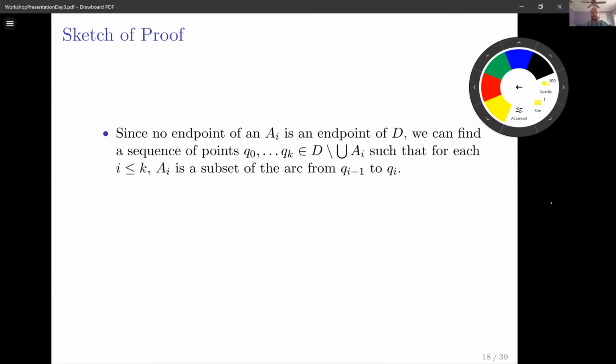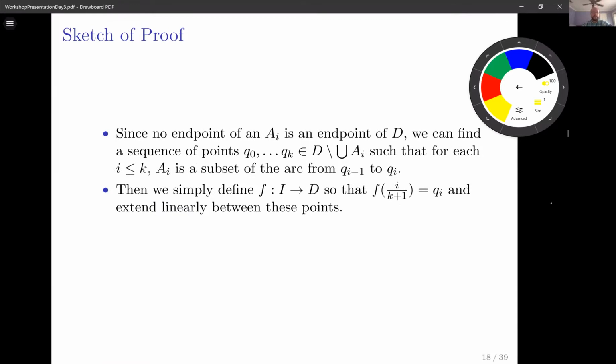Okay? So we can define then F, from the interval to the dendrite, so that F of various points along that interval hit each of these q_i, and then I say extend linearly between these places. Okay. Well, extending linearly, this is in the sense of the taxicab metric.